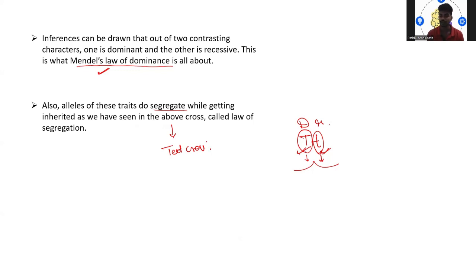And there are even some which do not follow Mendel's principle of inheritance. What are those? This is what we are going to study in the coming video. So till now, it is all about the basic introduction of Mendel's laws of inheritance and the theories proposed under them.